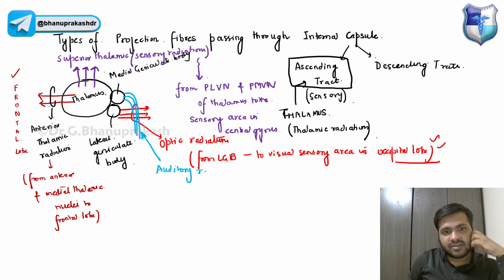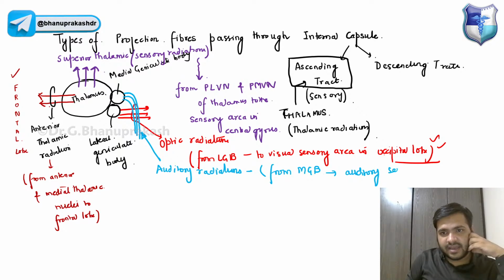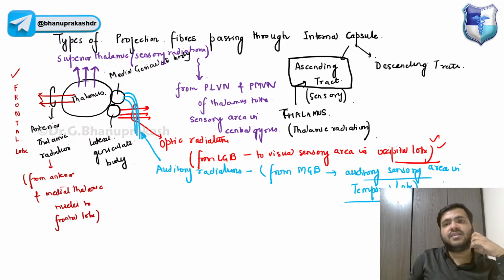Remember, these auditory radiations come from the medial geniculate body to the auditory sensory area in the temporal lobe, guys.